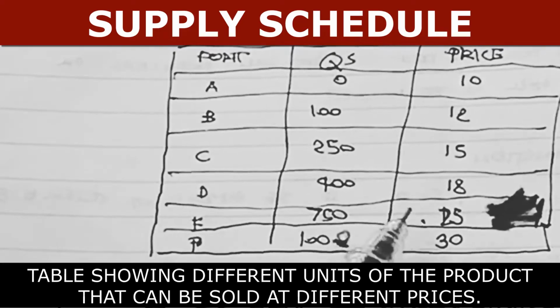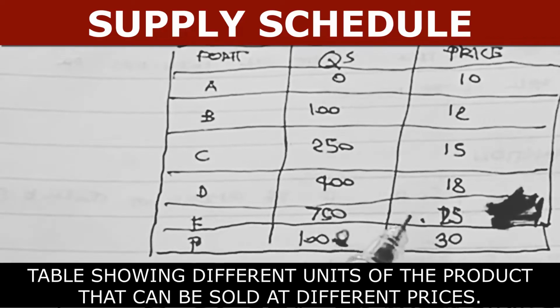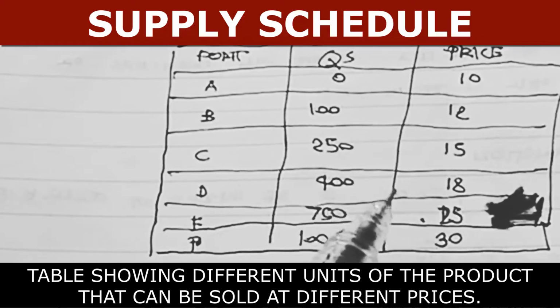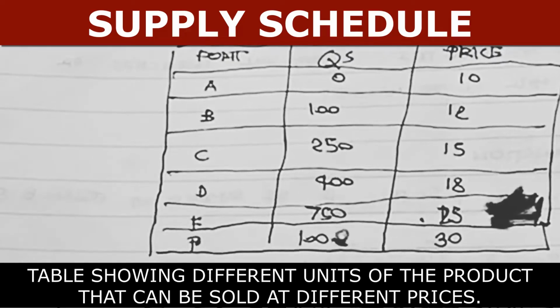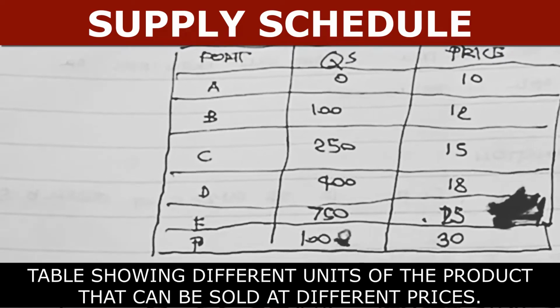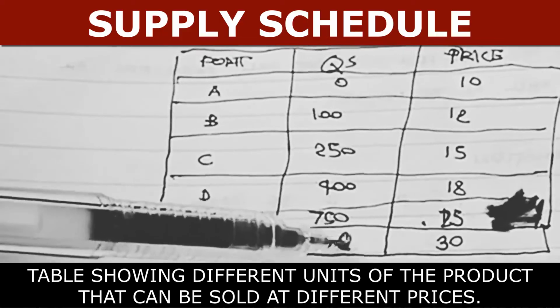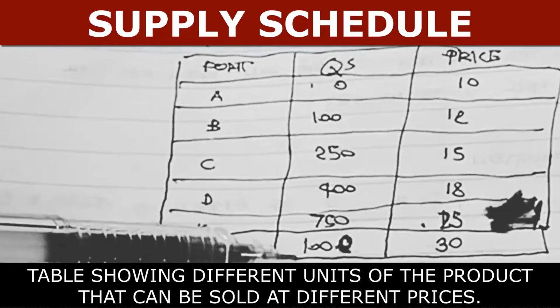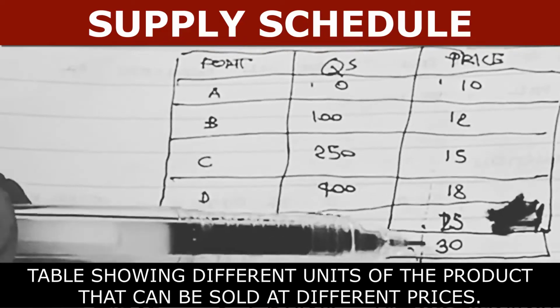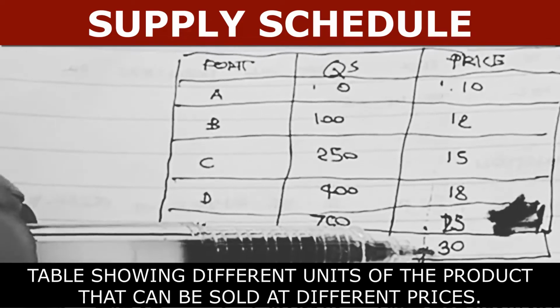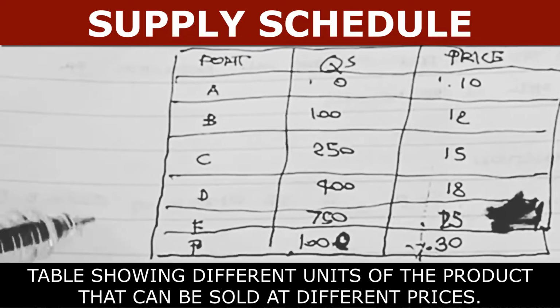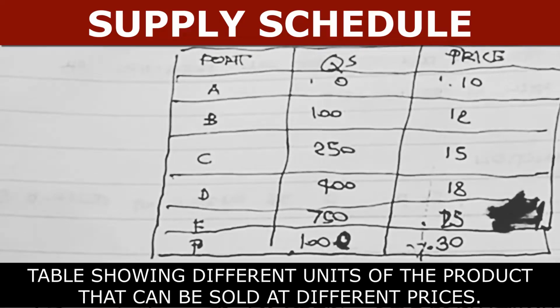So the producer is motivated to sell more when the price is high, assuming all others remain constant. As our quantity supplied increases from 0 to 1,000, price also increases from 10 to 30. So a producer is willing and able to sell his product if the price increases.